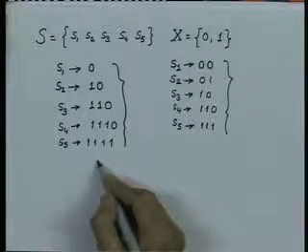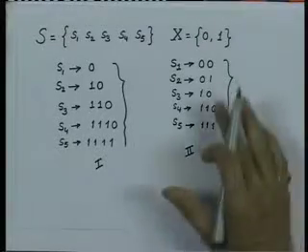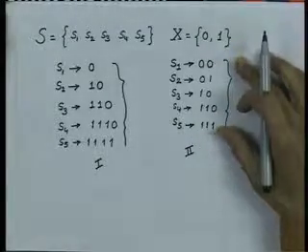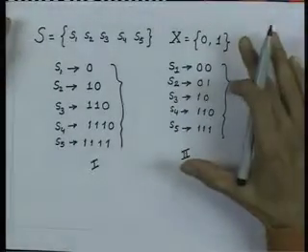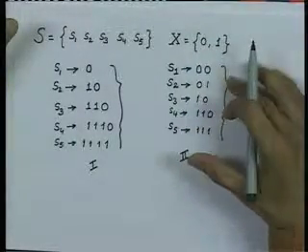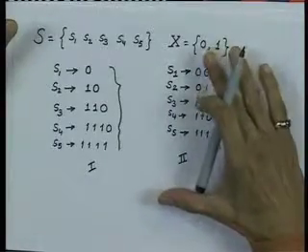Now if I call this code number 1 and this code number 2, and ask which of the two codes is better, I cannot answer this question based on the information given to me so far.